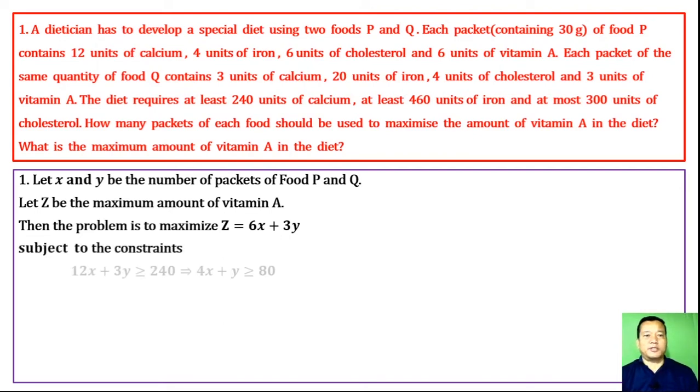Subject to the constraints, 12x plus 3y should be greater than or equal to 240.